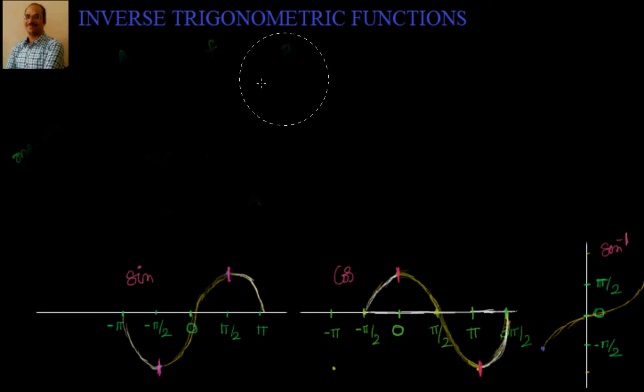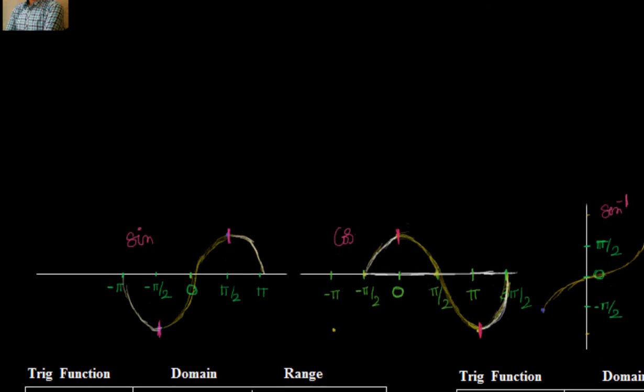Now we know that by default trigonometric functions are periodic functions, as I said earlier, and they cannot be inverse functions. But if we are able to restrict the domain of the trigonometric functions in such a way that they become a bijection, then I can have an inverse. Now for that, let us simply have a look at the graph of the sine curve.